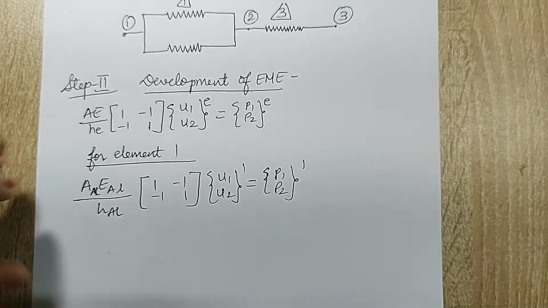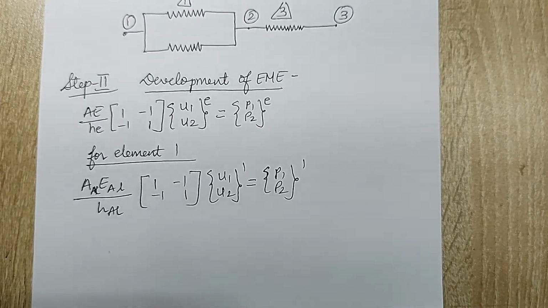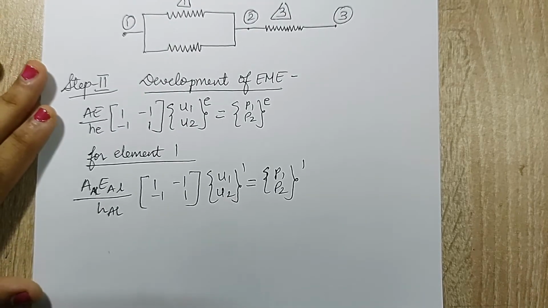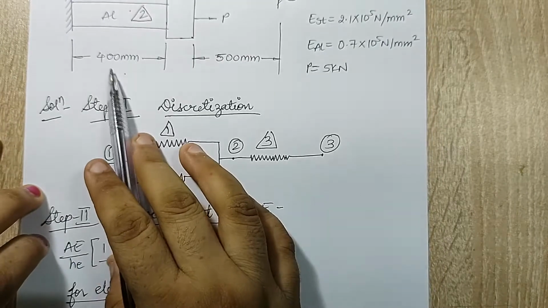Now for calculating A of aluminium, I am going to use the formula pi by 4 D of aluminium square. E of aluminium is given, H of aluminium is marked as 400.